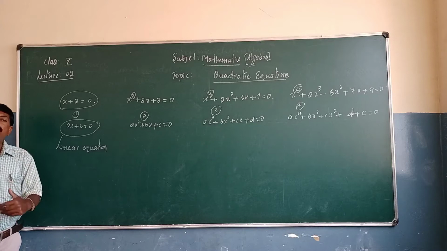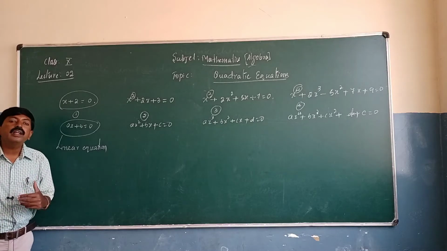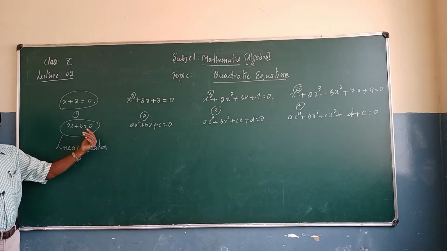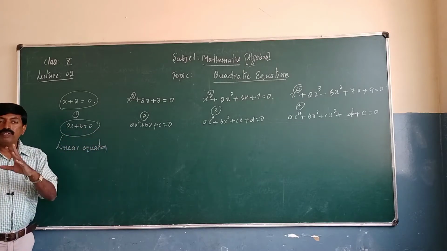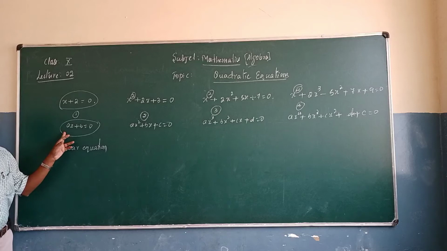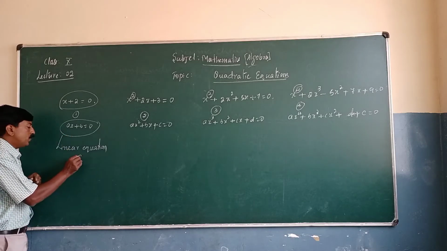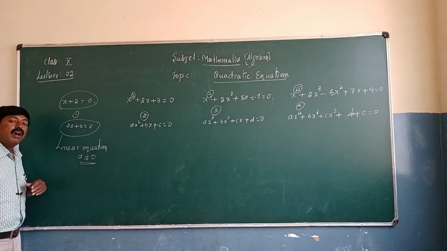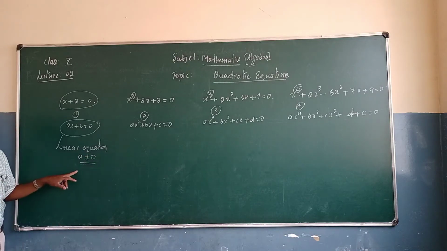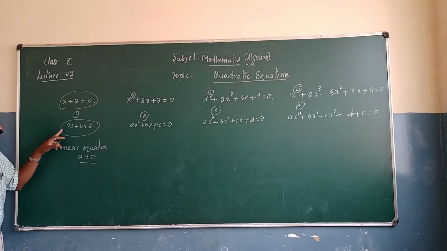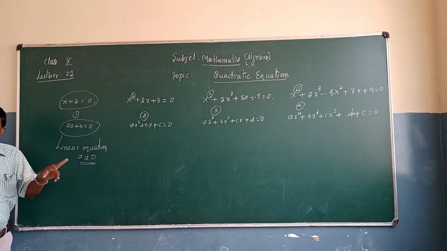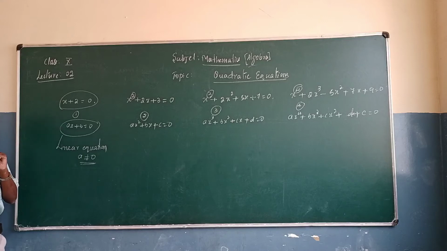What is the general form of a linear equation? It is ax plus b is equal to 0, where a is not equal to 0. That is very important. A is not equal to 0. This type of equations are called linear equations.